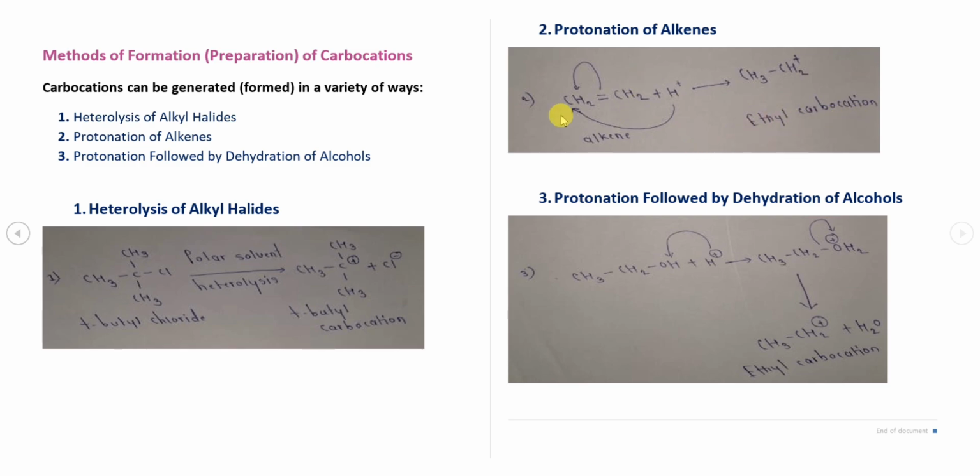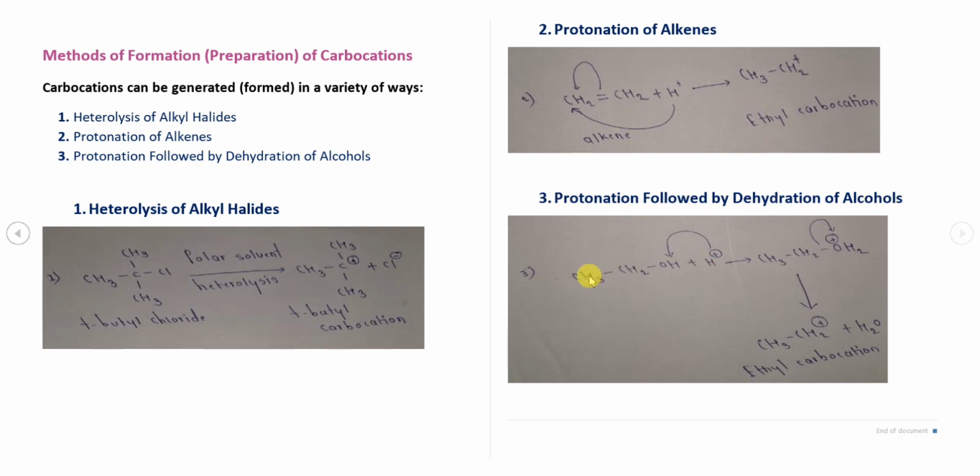When an alkene reacts with a proton, one of the double bond electrons is used to form a new bond with hydrogen, and the other carbon of the double bond is left with the positive charge, forming an ethyl carbocation. Understand?